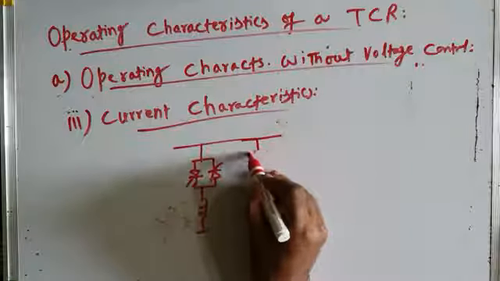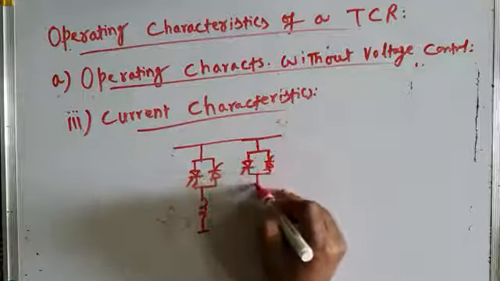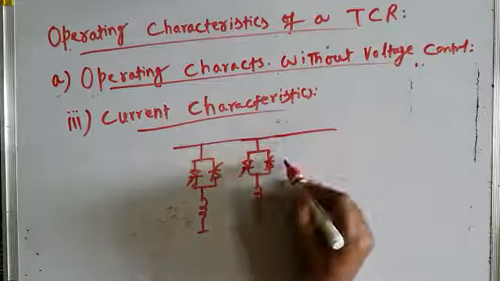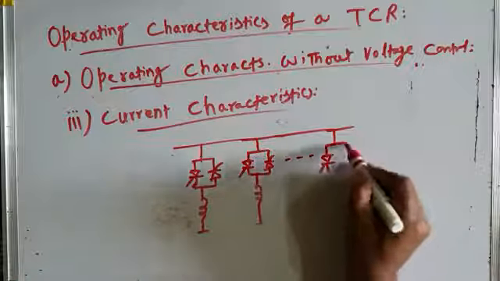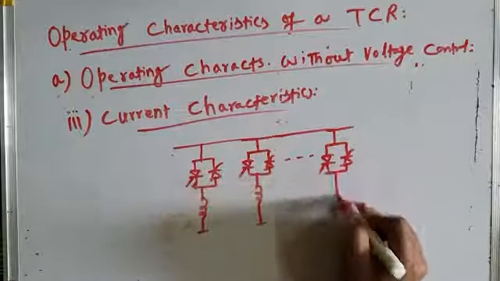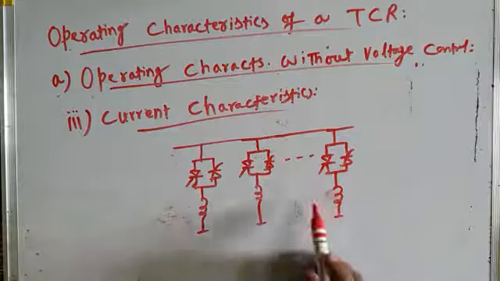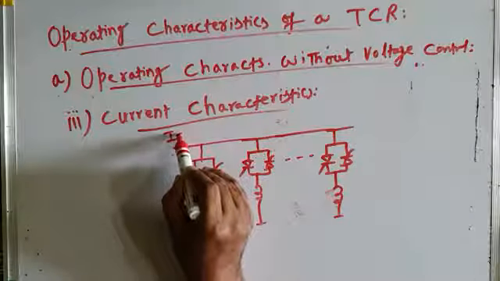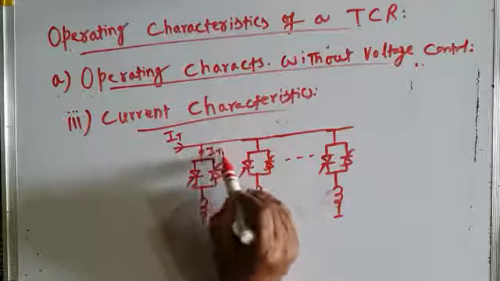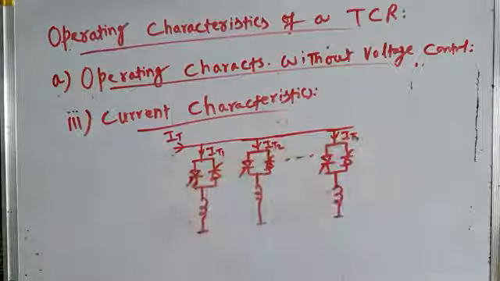This is one TCR, or TSR, looks like TCR, and then you have a large number of them. Depending upon how much reactive power is to be consumed, you have a number of TCRs connected like this. If this is the total current IT, then this will be IT1, this will be IT2, and so on up to ITN, depending upon how many TCRs are connected in parallel.